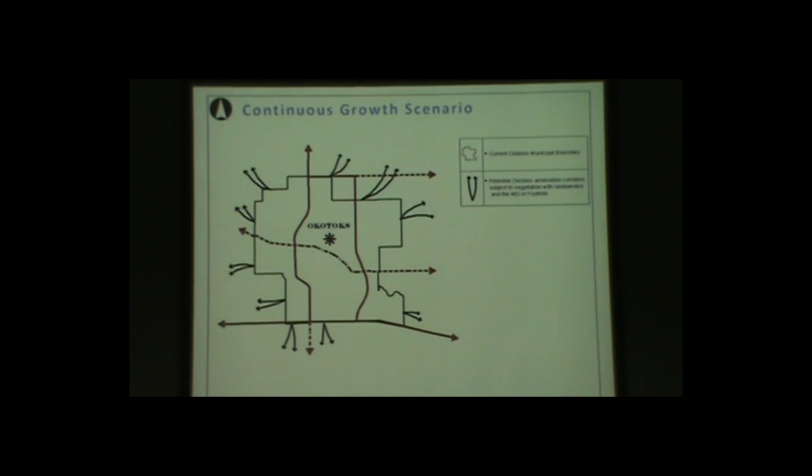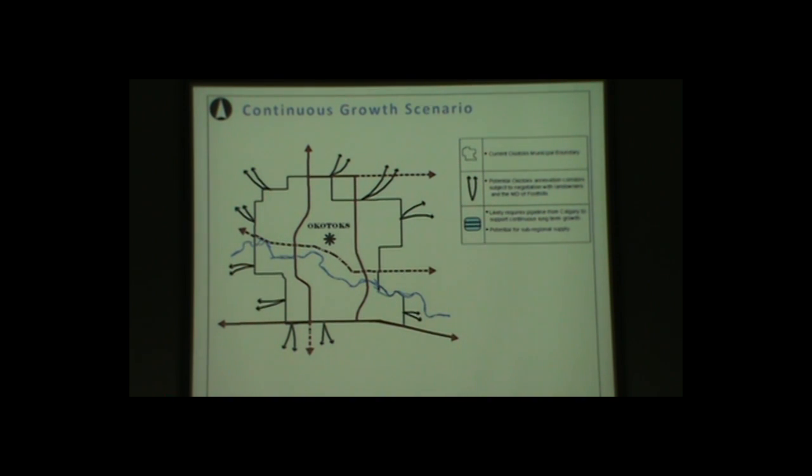Now, these are just potential annexation corridors, and when a community looks at annexation, they look at all directions, and through comprehensive infrastructure studies, look at which directions are the most cost-effective for long-term growth. This is a process that takes some time and involves negotiation with both the landowners that are affected by the annexation and, of course, our rural neighbors, the MD of Foothills.